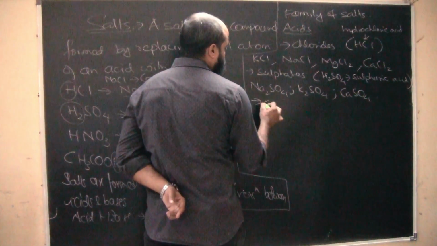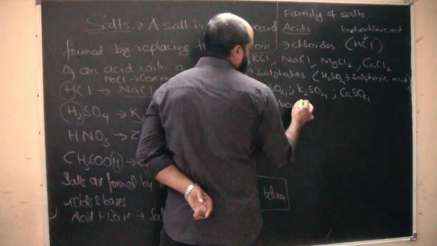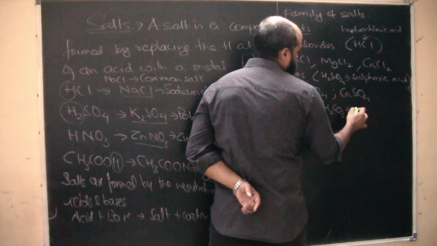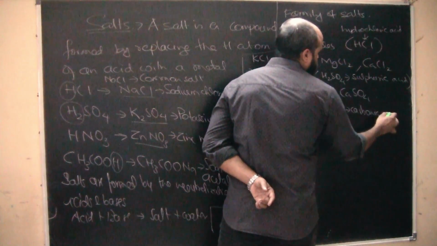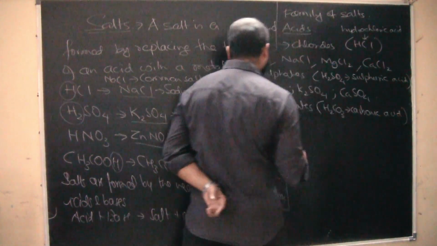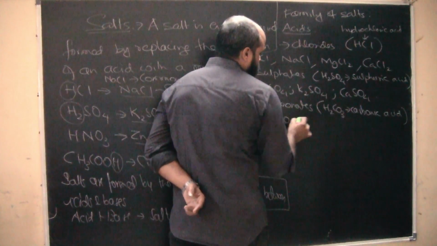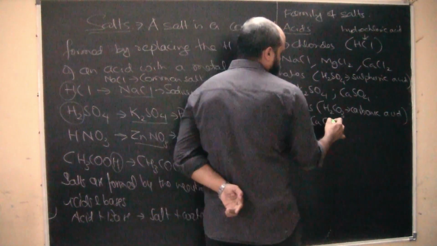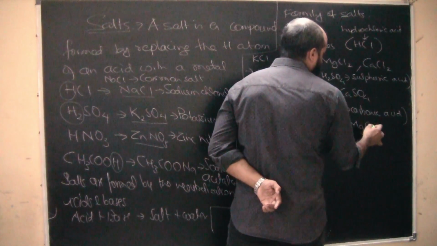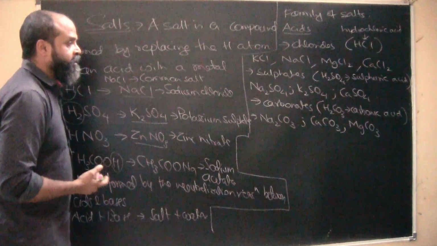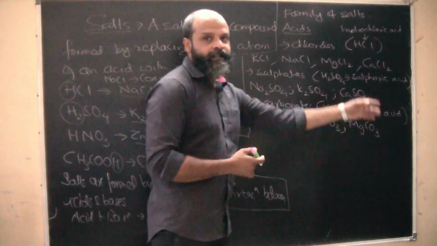Then we have carbonates, formed by carbonic acid. What are these carbonates? Let's say we have sodium carbonate, calcium carbonate, magnesium carbonate. They are formed by carbonic acid, which is again a weak acid.